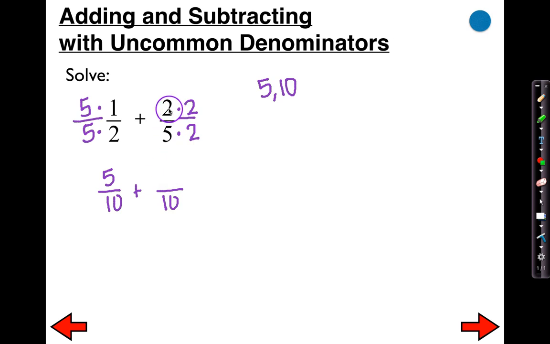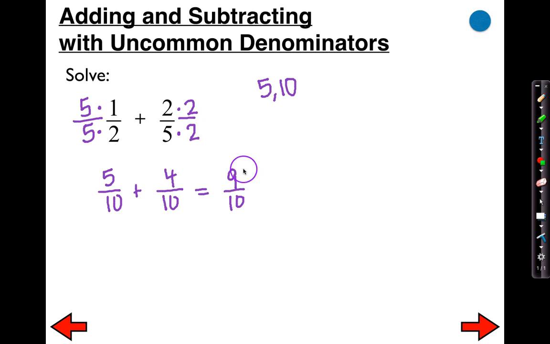So my new numerator is going to be 2 times 2, which is 4, and here you can even see 5 times 2 does give me this 10. Now that they are common denominators, I can go ahead and combine them. 5/10 plus 4/10 will give me 9/10. So you'll notice essentially what happened is we kept the denominators the same because they're in tenths, but we combined the numerator, so 5 plus 4 gave me 9.